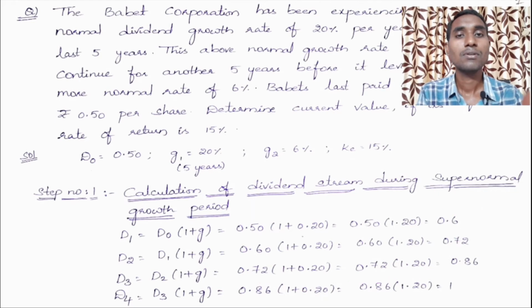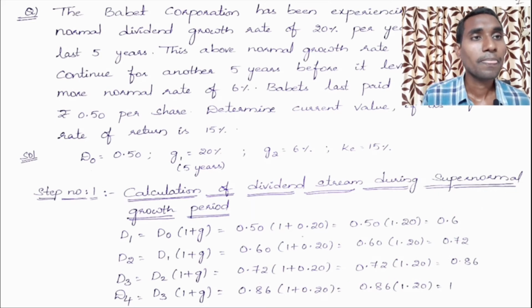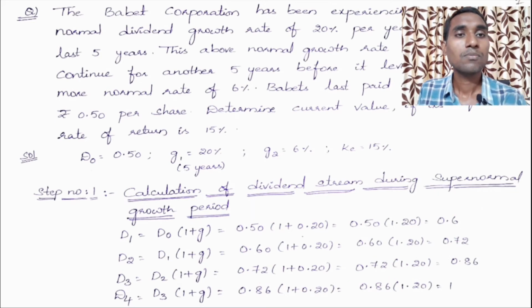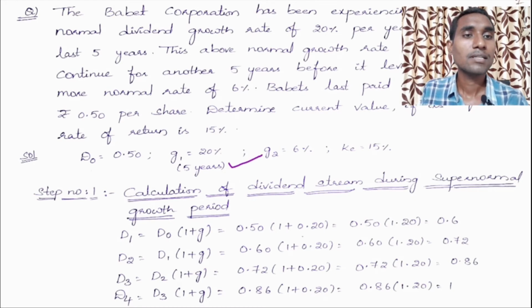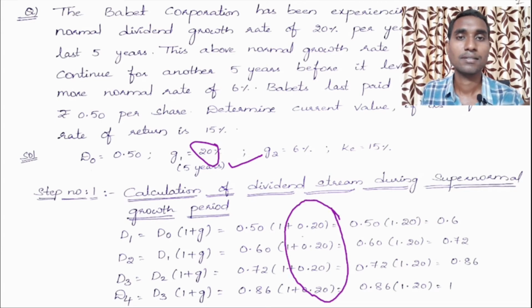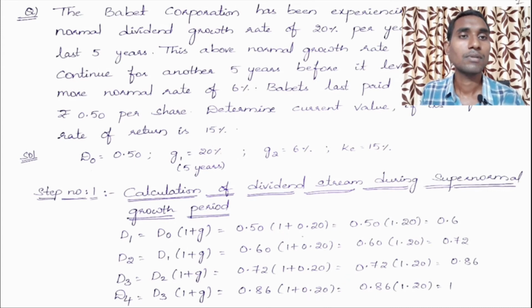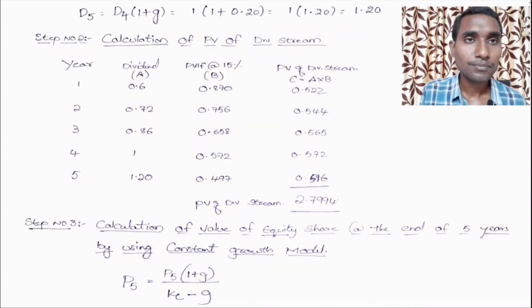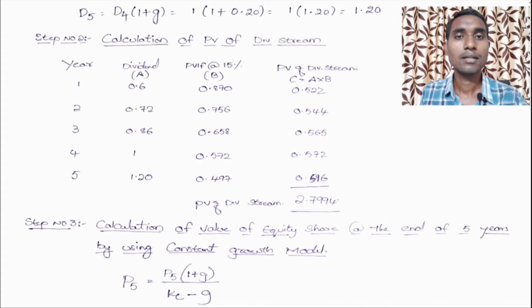Like this you need to find till D5, because the supernormal growth rate is for 5 years. And see, here I have mentioned the growth rate is 20%. So every year I took 20% for 5 years. This is how we do. Now here I have done the 5th year.